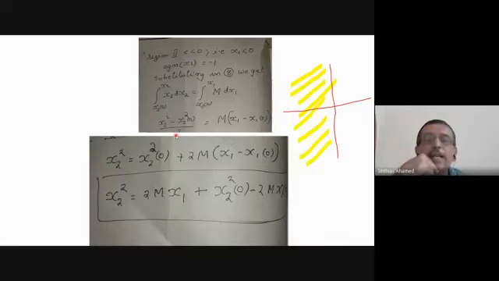When you integrate and apply limits, you will get x2 square minus x2(0) square equal to 2m into x1 minus x1(0). If you take everything on the other side, you will get x2 square is equal to x2 square(0) plus 2m x1 minus 2m x1(0). And here it becomes x2 square equals 2m x1 plus constant. So this is again the equation for a parabola.